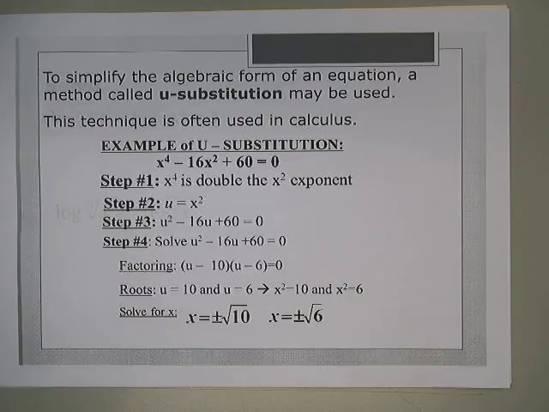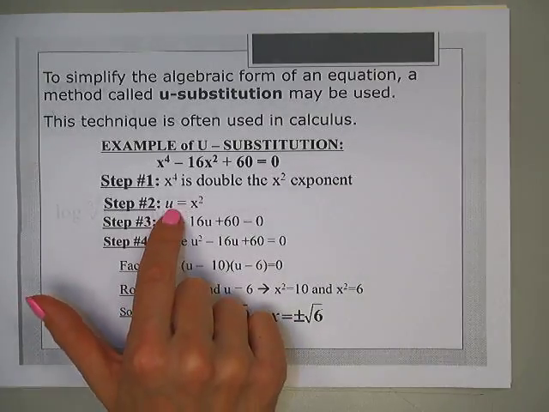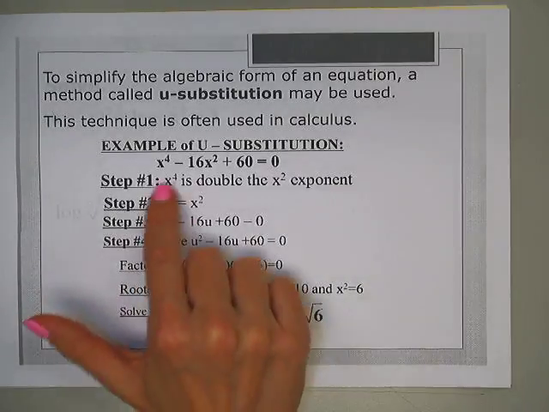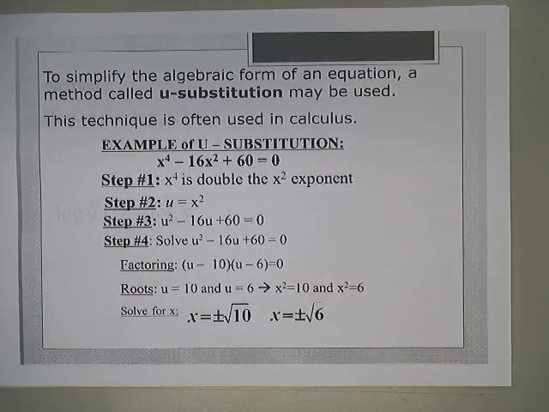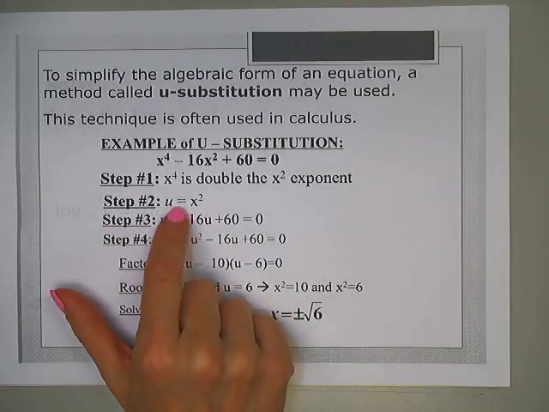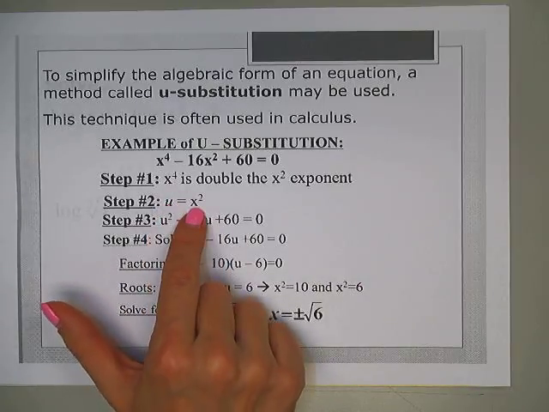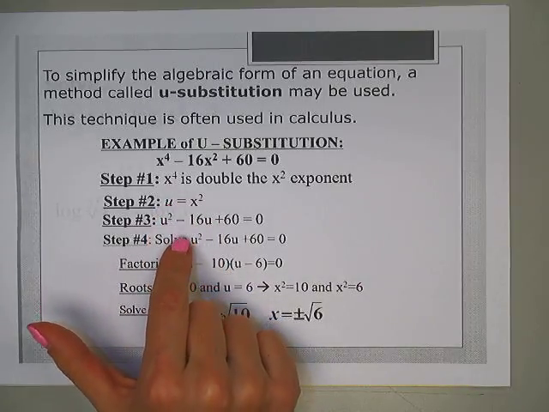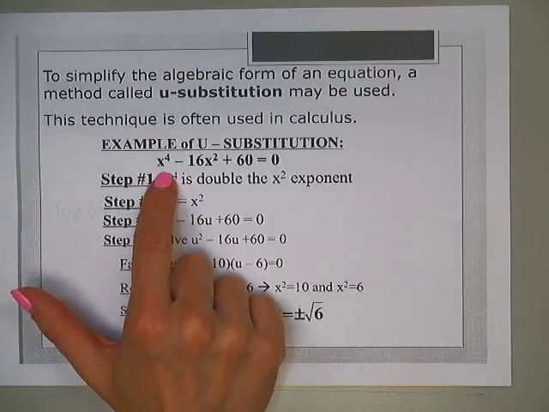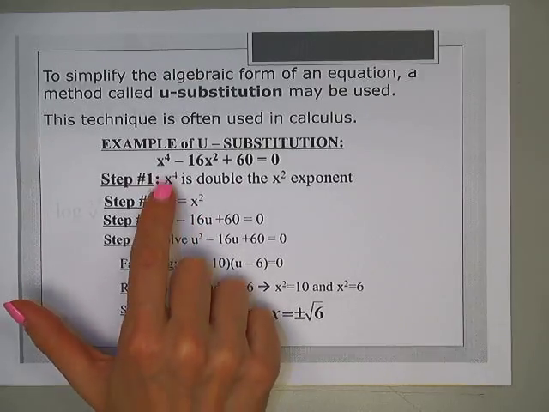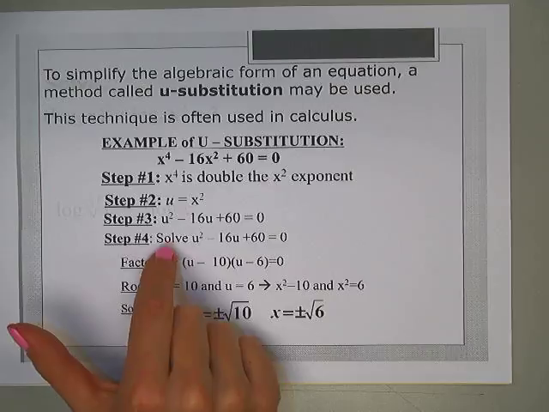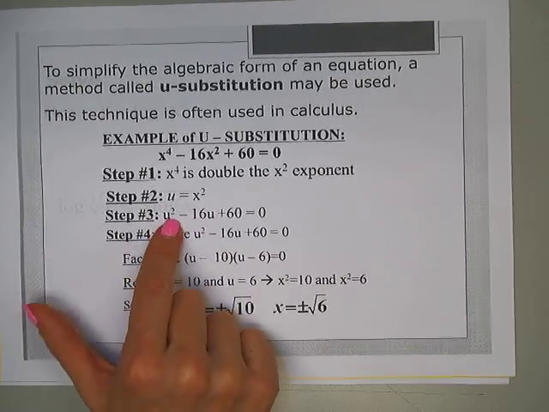Now, the last topic of the day, use substitution. Use substitution is a technique that's also used in calculus. So when you're calculating integrals or derivatives, you'll sometimes see use substitution used as well. Let's take a look at how use substitution is useful. We've got x to the 4th minus 16x squared plus 60 equals 0.